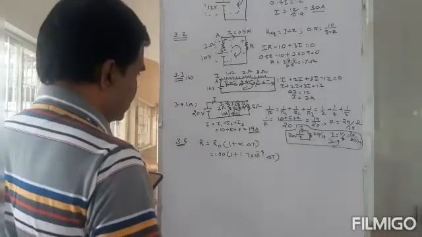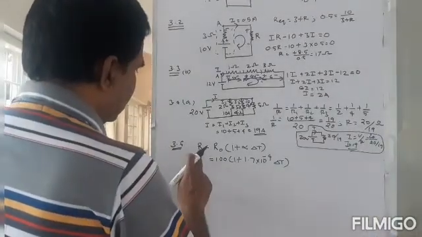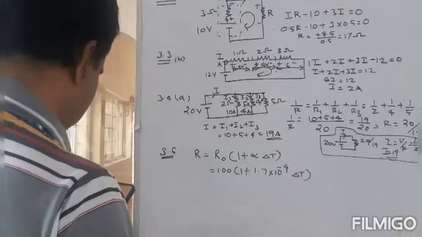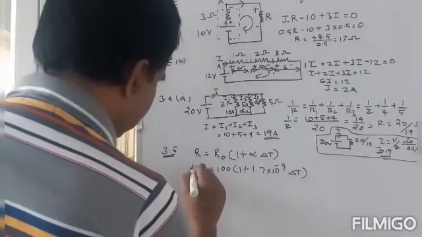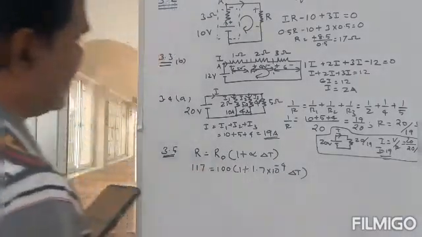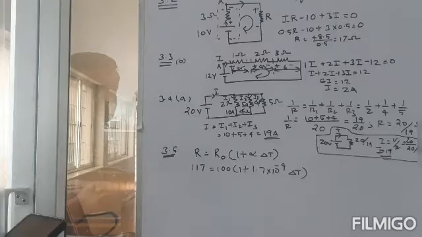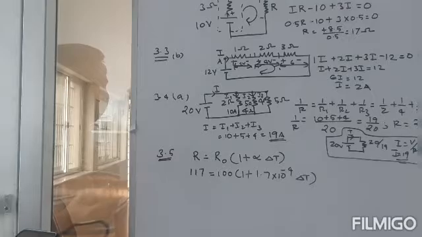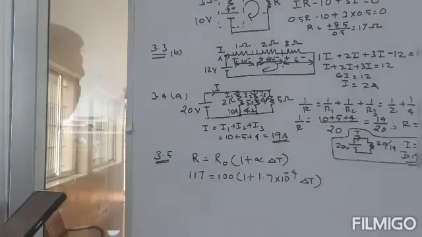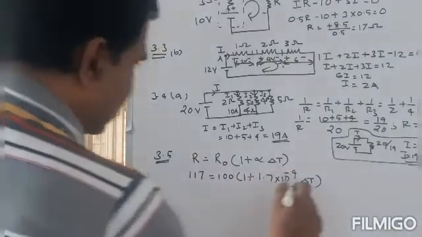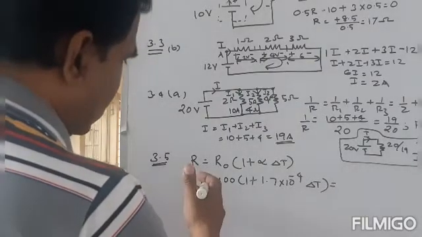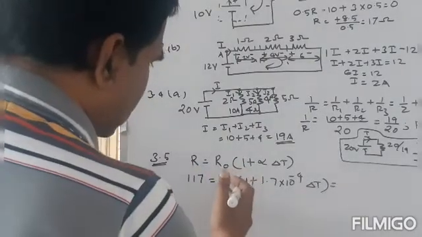Okay, so that's it. The next one, what is R? R is 117. Okay, so this is what you got here. I can do it different ways, but let me do it this way.